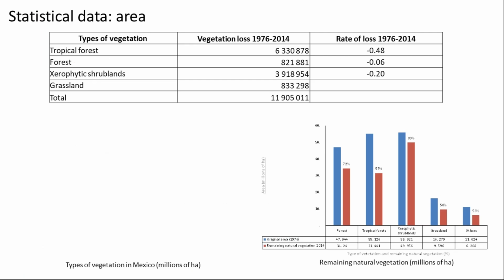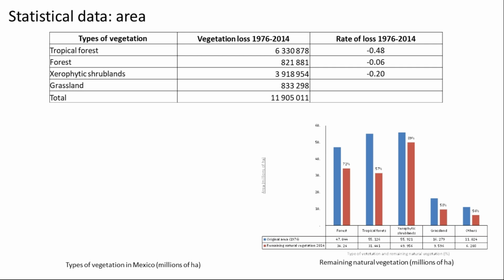So this is an example of the current statistical data about types of vegetation, loss of vegetation, rate of loss by ecosystem, and the updated data in Mexico.